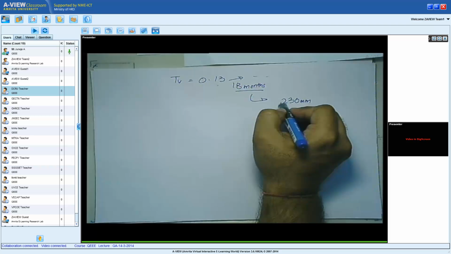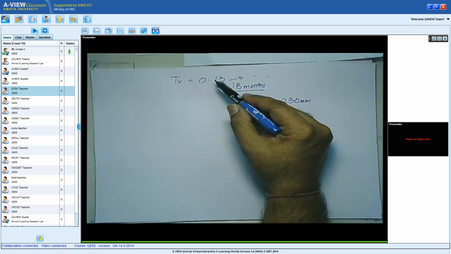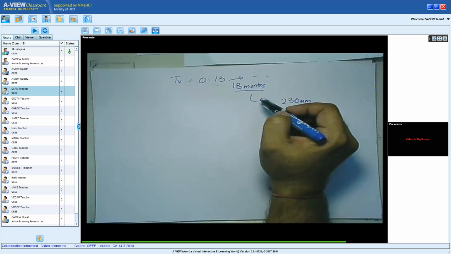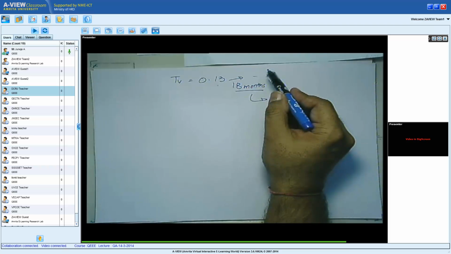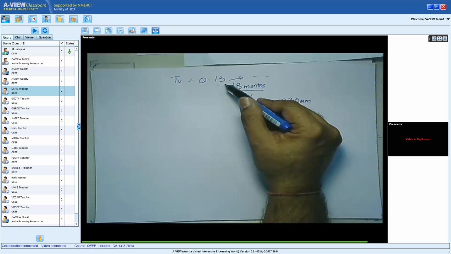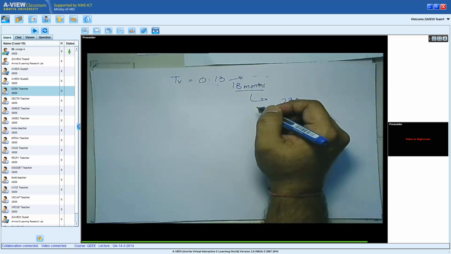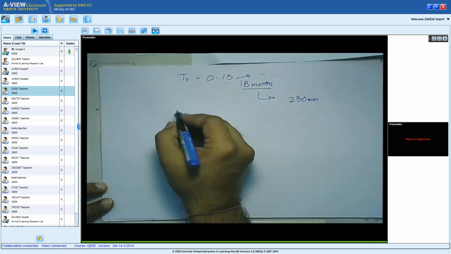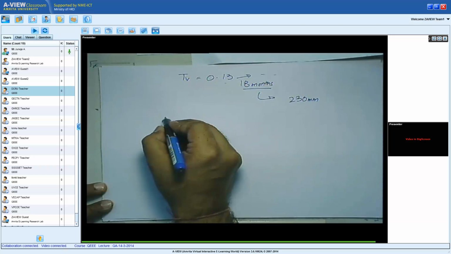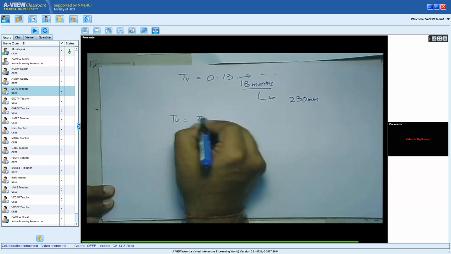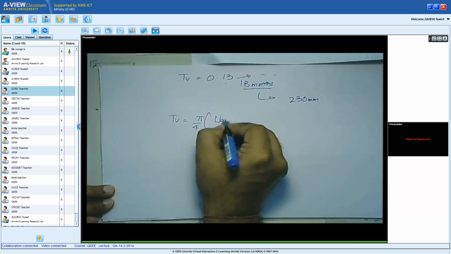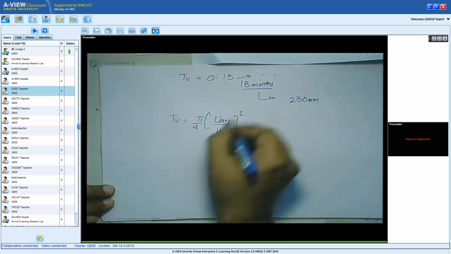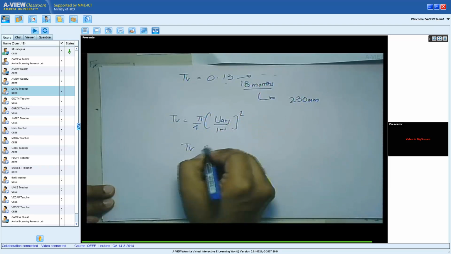At the same time, the ground settled by 230 millimeters. So time factor Tv is the same for the average as well as for the point at the bottom of the layer. So can I use this Tv in the equation for average degree of consolidation? Remember, there were two expressions. One of them was Tv equals pi by 4 into U average by 100 whole squared.